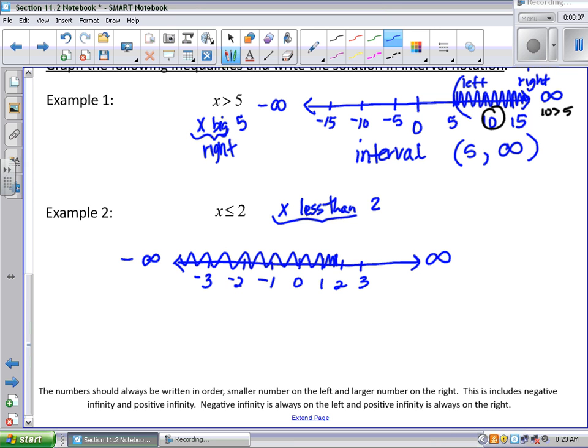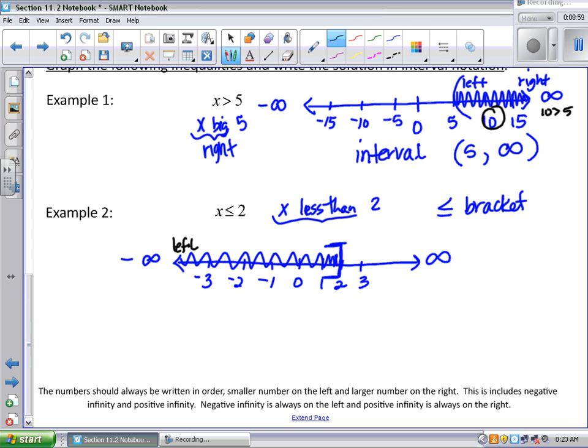And then I look at my symbol. I have a less than or equal to symbol, which means I'm going to use a bracket. Less than or equal to says we're going to use a bracket. Now we put the bracket at 2 and it's going to the left, so we do it this way. And again, when I go to write my interval, I look at my shading.